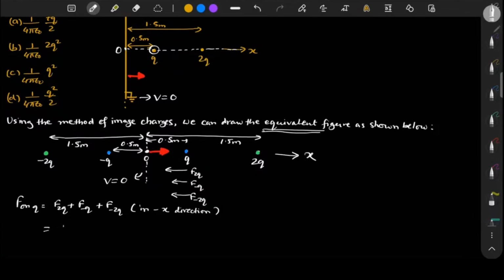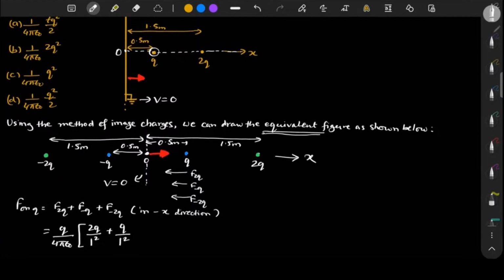And by Coulomb's law, we have the force, which is q over 4 pi epsilon naught times force due to 2q would be 2q divided by r squared. So r is the distance between q and 2q, and that would be 1.5 meters minus 0.5 meters. So that is 1 meter. So r squared, that is 1 squared. Then due to minus q, that would be q divided by, now the distance is again 0.5 meters plus 0.5 meters, that is 1 squared.